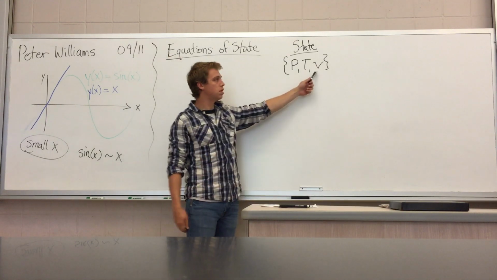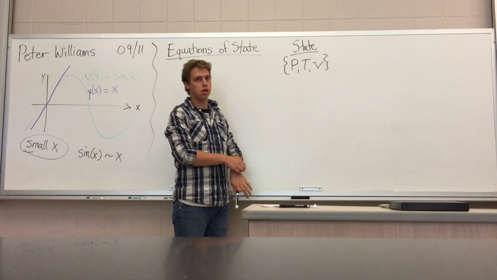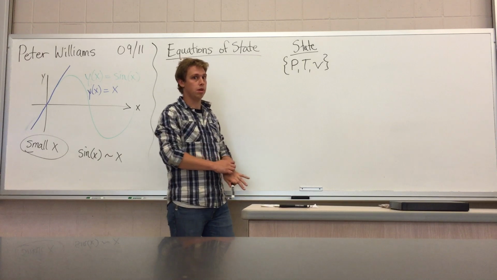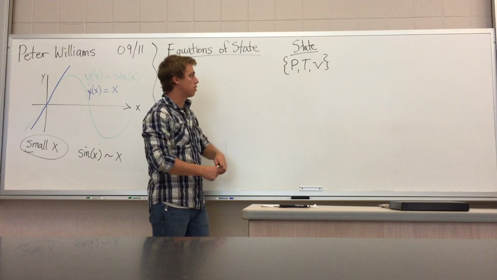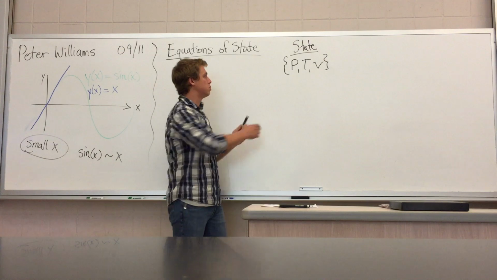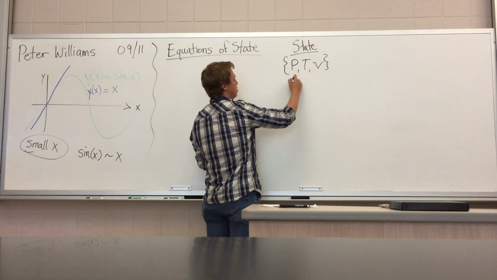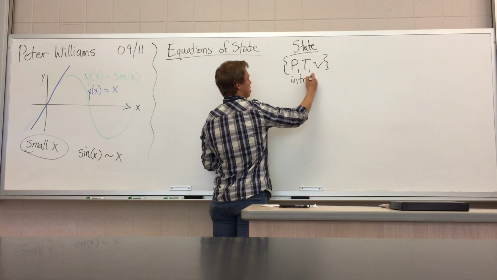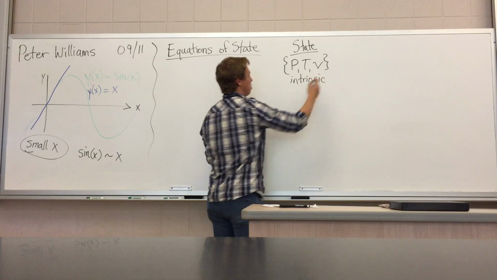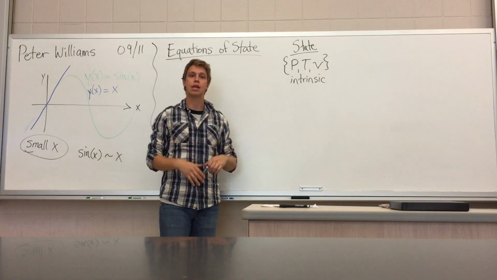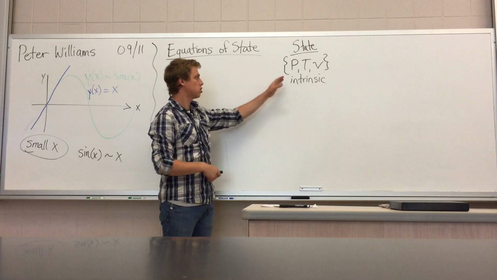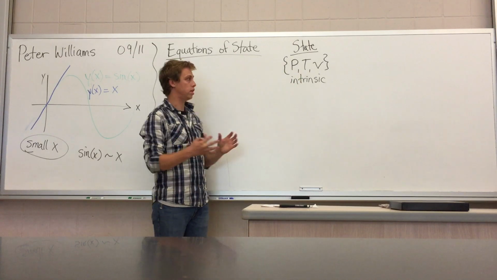Now, I used specific volume here, and I've been drilling home about specific volume a lot recently in our Zoom meetings. The reason why I didn't use regular volume is because I want all these to be intrinsic. Remember that regular volume is extrinsic, whereas pressure, temperature, and specific volume are all intrinsic.